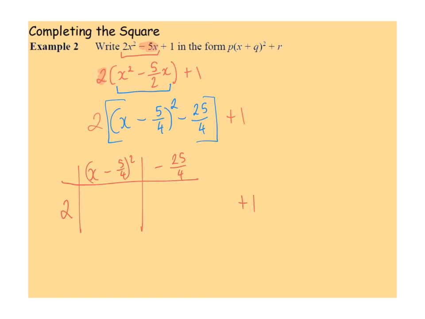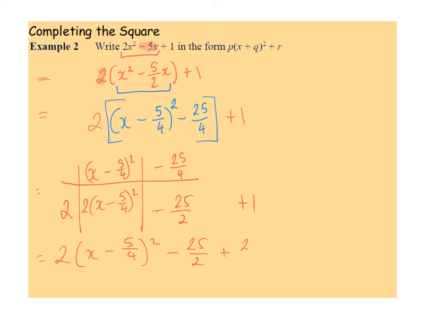Now this first bit is just 2 brackets x take 5/4 squared, and the second bit, if I double 25/4, if I double quarters I get halves, so that's the easiest way to do that. And then I need to add 1, so this is equal to 2 brackets x take 5/4 all squared, subtract 25 halves, add 1.